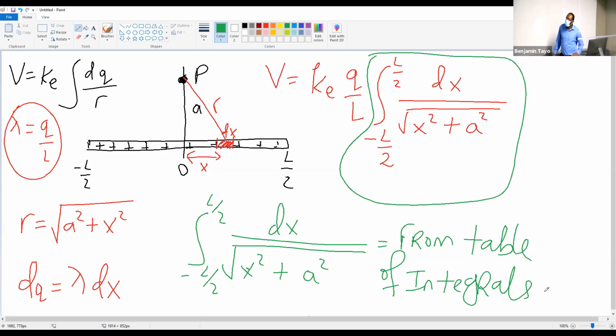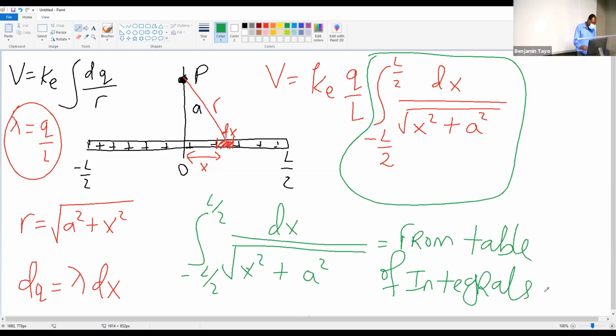So I don't have my table of integrals here, but does anyone have that? Okay, yeah, I do. So let's see if we can find this integral. Okay, it's not here, but I think there was one formula sheet that I sent to the class on D2L that has this integral in it.